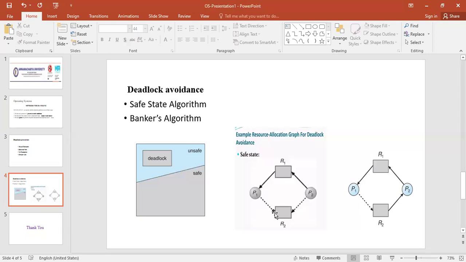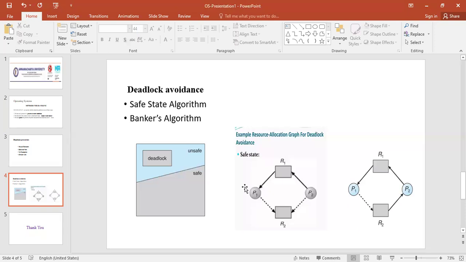Claim edge means the resource is needed by both processes. So at that time, when it releases this resource, it will complete the program or process one.